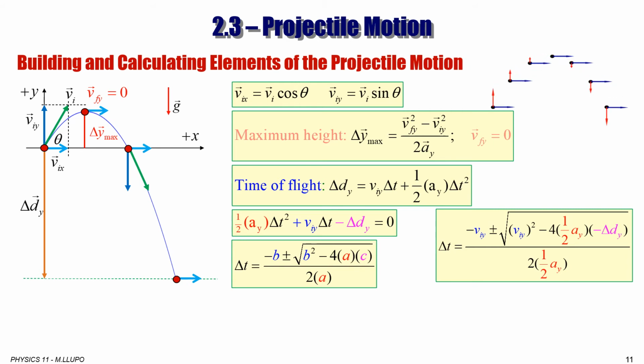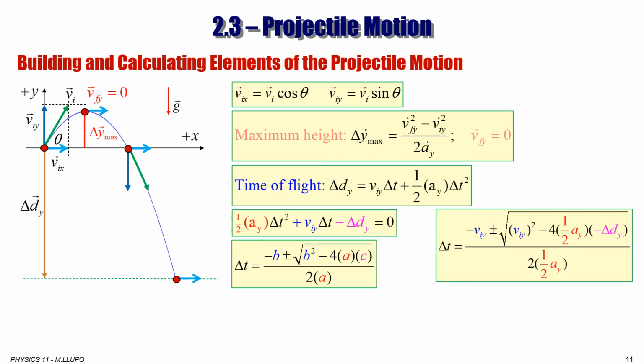I want to draw your attention to the sign of the delta y. Make sure that it is negative, and when you move it to the other side of the equation, that becomes positive. So negative and negative becomes positive. And another thing is, make sure that the sign of half of ay is half of the gravity, which is minus 4.9, and here is minus 4.9 as well.